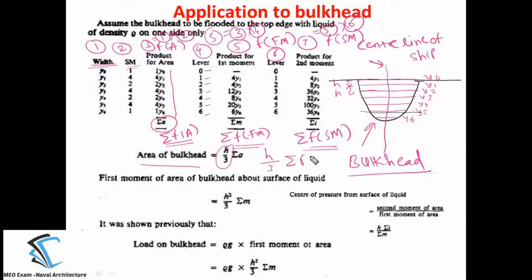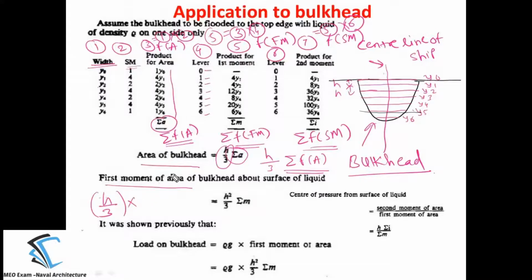So it is h by 3 times the summation of function of area. Here they have written summation of A only; both are the same. Then for the calculation of the first moment of area, if you remember, we have seen this formula. h by 3 is Simpson's rule.